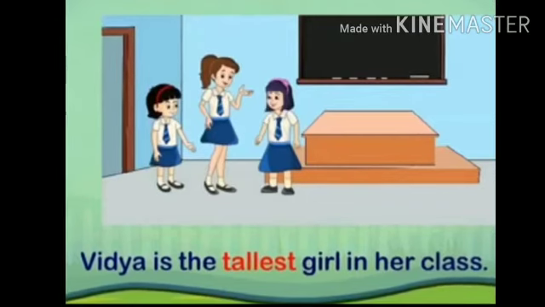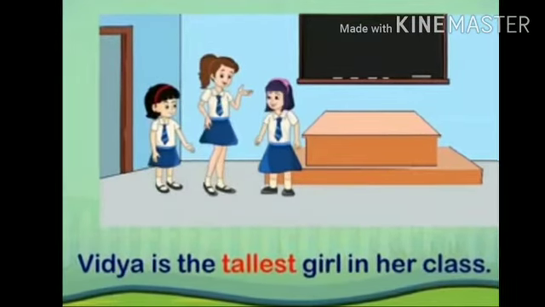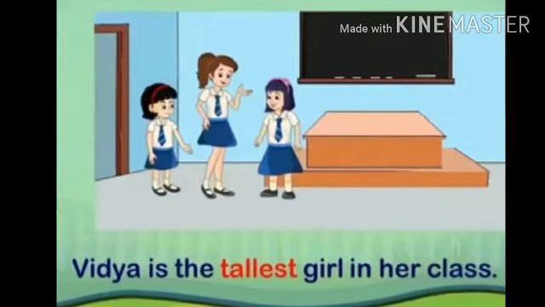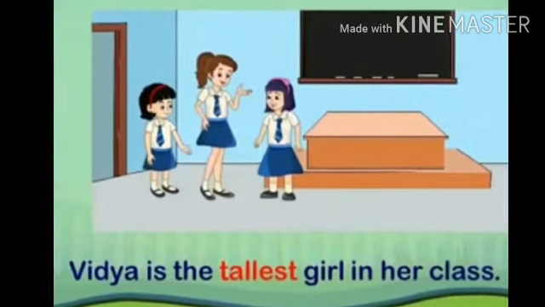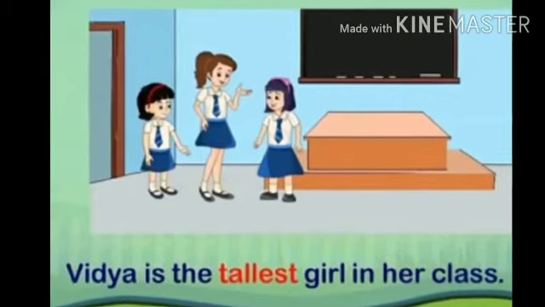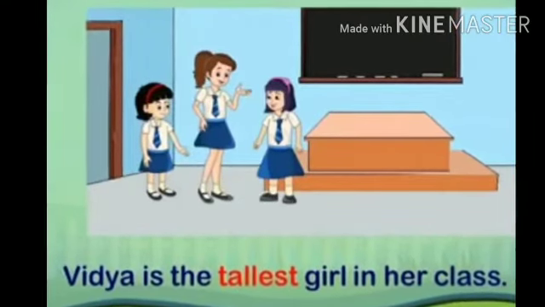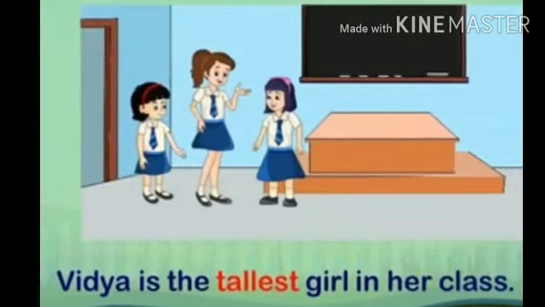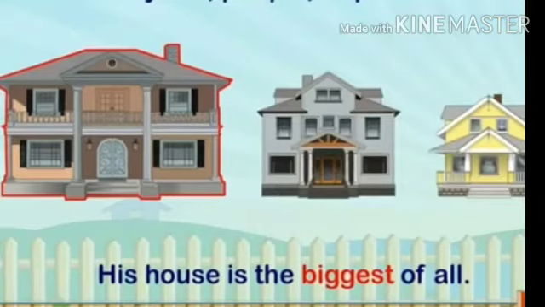Have a look at this example. Vidya is the tallest girl in her class. Can you see 3 girls are there? And 1 girl is the tallest? Here the comparison is done between more than 2 girls. That is why tallest is superlative degree.